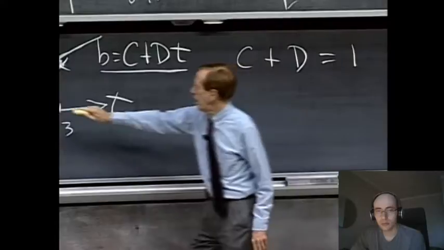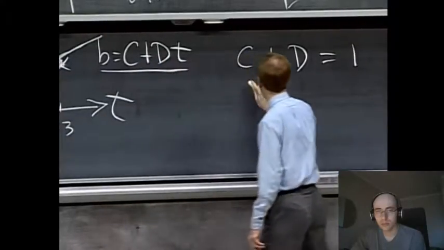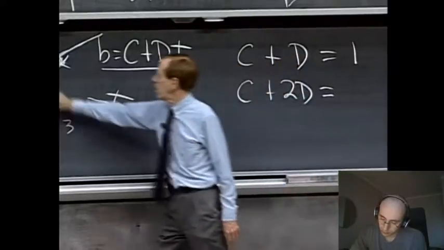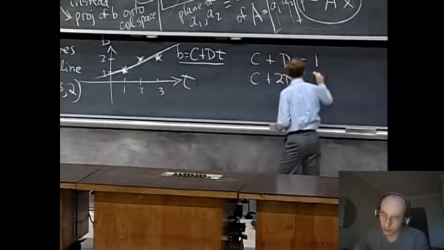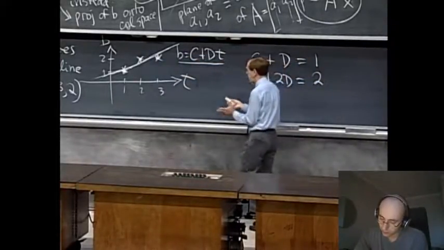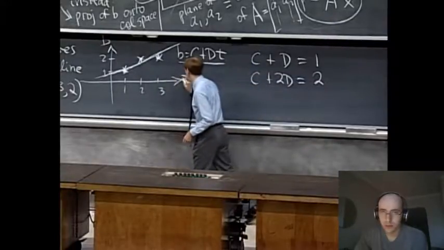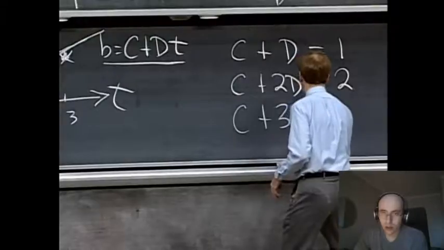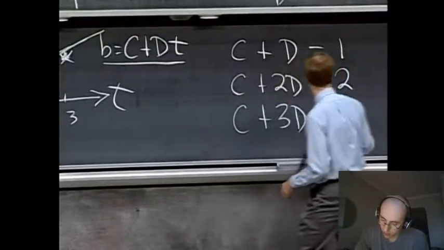The second point, t is 2, so C plus 2D should come out to equal 2. But I also want to get the third equation in, and this is the fun part. Third equation, t is 3, so C plus 3D equals only 2.